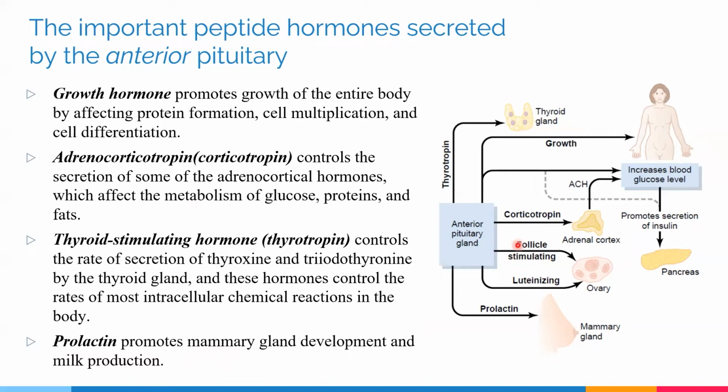One of the important things to notice here is that most of the hormones which are secreted by the pituitary gland actually affect other different glands present in the body and thus control the secretion of another hormone, such as in the case of adrenocorticotropin, which controls the secretion of adrenocortical hormones. And thus, this is why the pituitary gland is also known as the master gland that is present in our body, which controls essentially the entire hormonal system.